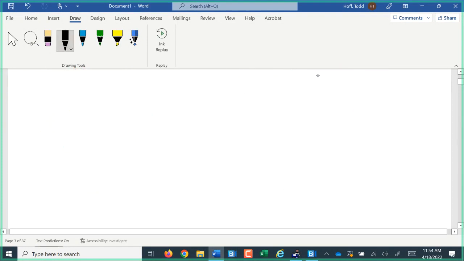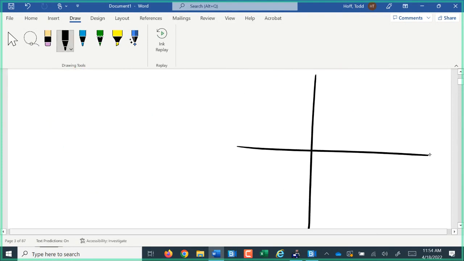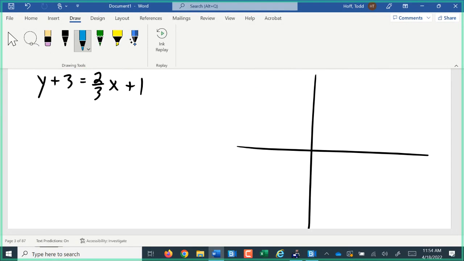It's not always quite that simple. We can run into equations that look like this: y plus 3 equals 2/3 x plus 1. All of our equations before were in the form of y equals. This is not. It has y plus 3 equals.